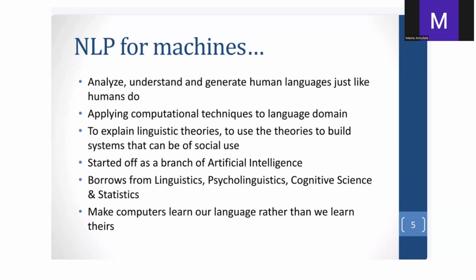And applying computational techniques to the language domain, different types of techniques we can apply to those text contents in the programming part, to explain linguistic theories and to use the theories to build systems that can be of social use, including social media purposes. It started as a branch of artificial intelligence, and it borrows from linguistics, cognitive sciences, mathematical calculations and statistics.